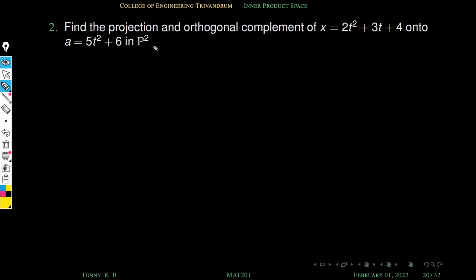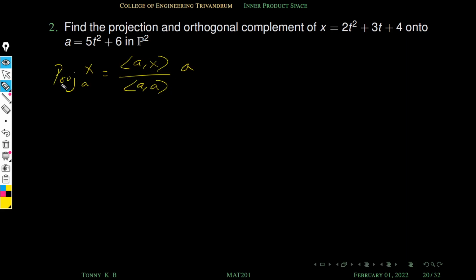We know only one inner product on P2, that is the induced inner product, the inner product induced by the Euclidean inner product. So we will solve this problem using the induced inner product with respect to the standard basis. If they specify a particular inner product, then we will use that inner product.